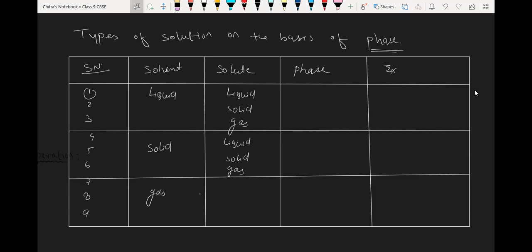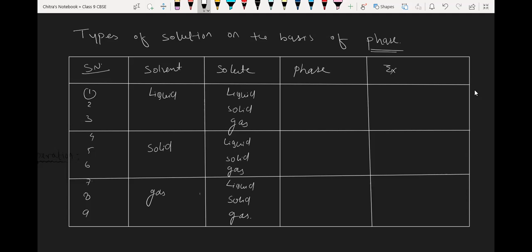Again the solute can be liquid, solid, or gas. Can we not take solute first? Yes, we will take that also.